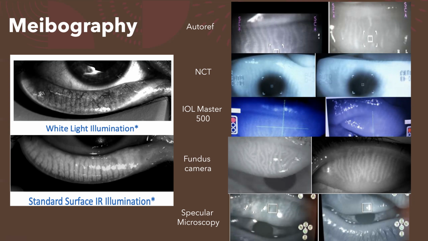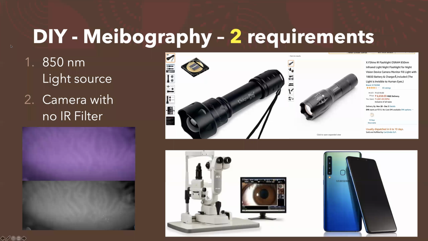If at all you don't have infrared illumination in any of your existing equipment, it is very simple to make a do-it-yourself meibographer. All you need is an 850 nanometer light source, which is available like a torchlight on Amazon. It costs around 6,000 to 7,000 rupees.